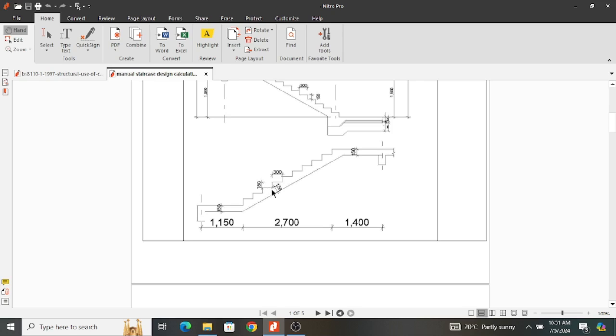So it is the distance from the topmost surface to the center of the main reinforcement providing strength at that place, and that specifically works for such elements.